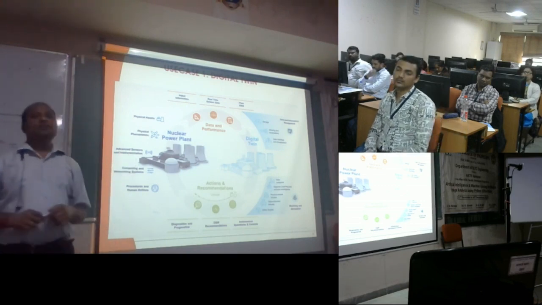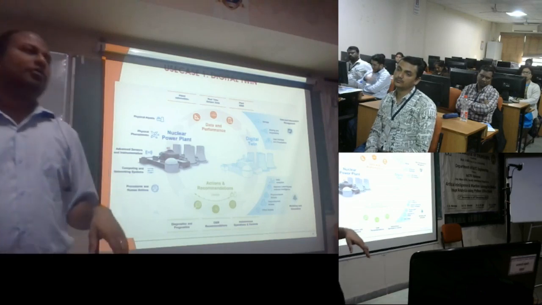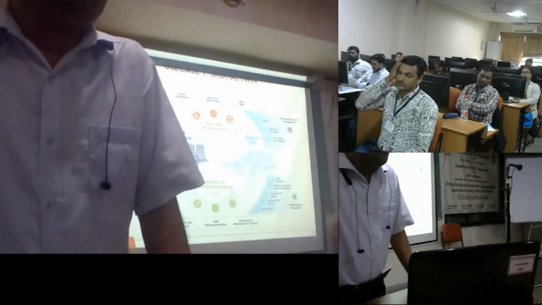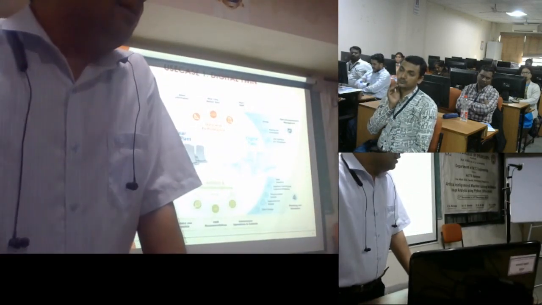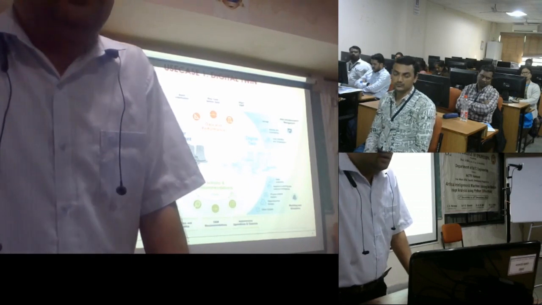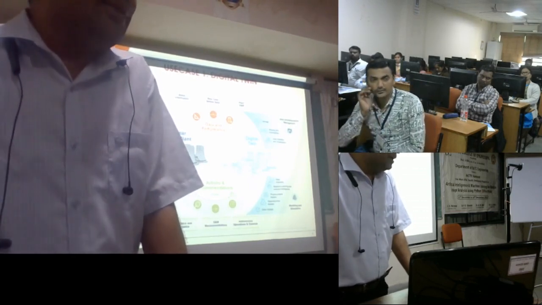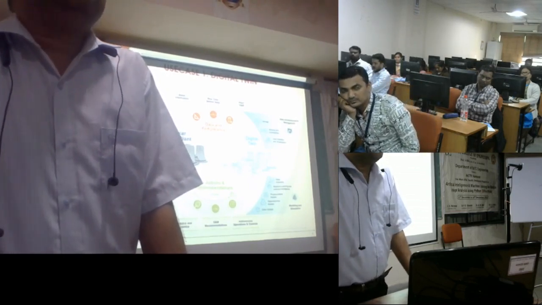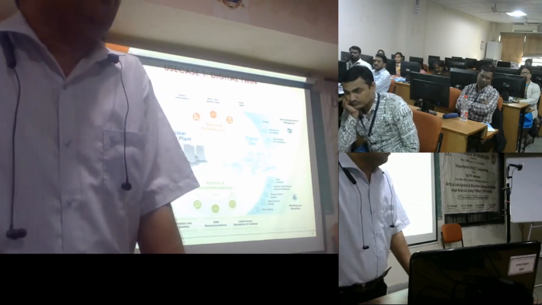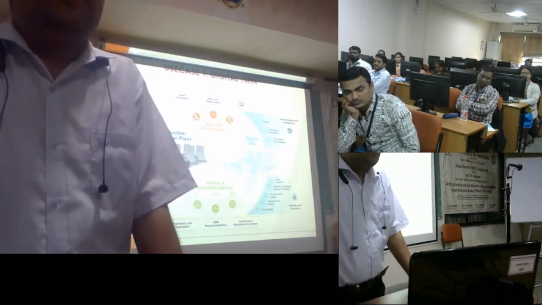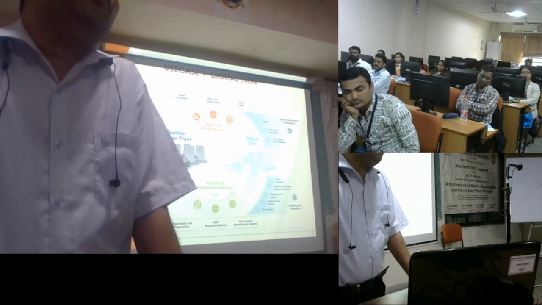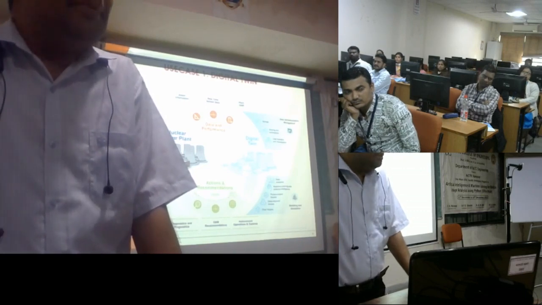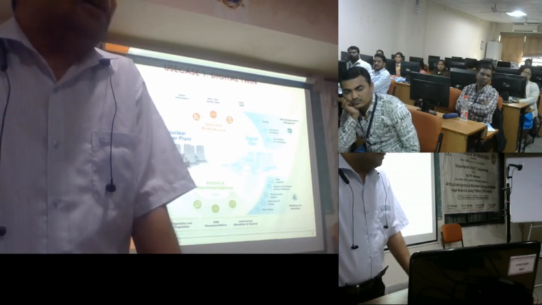Then there will be a lot of computer systems and network systems. You might have seen the control room, for example, like in the Mission Mangal, you might have seen the control room, which is generally the nervous system from which you can operate everything. So here in the nuclear reactors, the control room is where you can control the nuclear reactors.